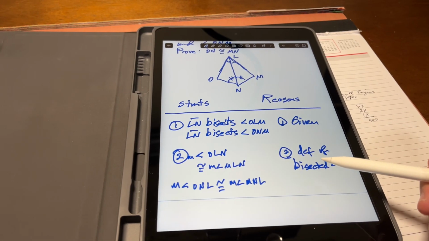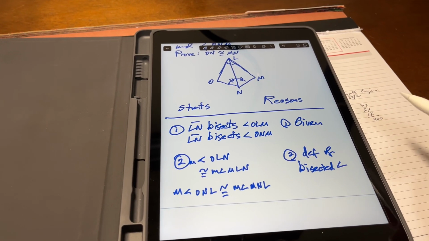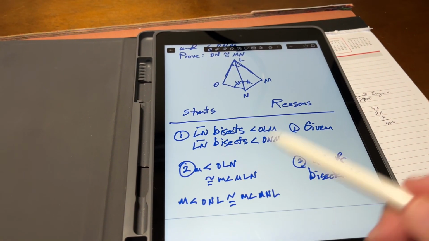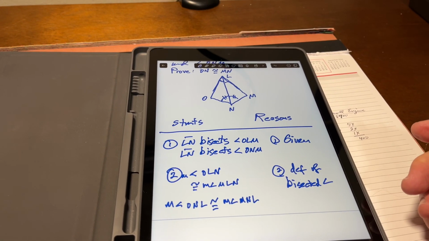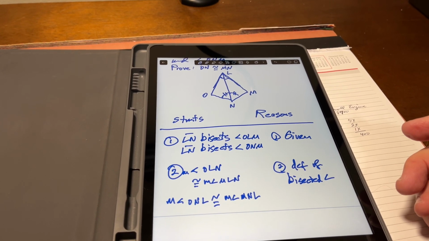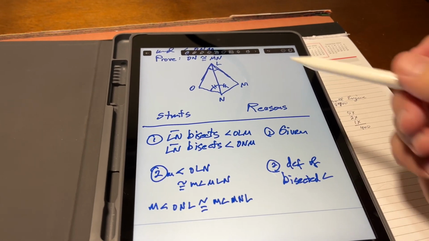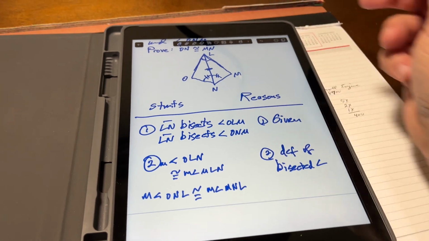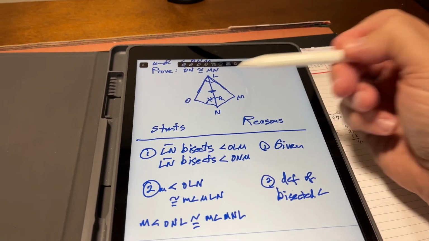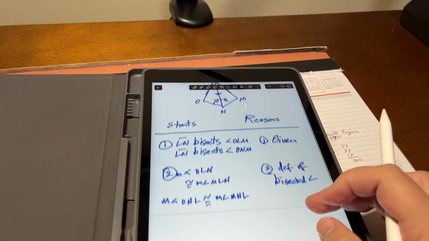And that's for the very same reason. So what I've written down here is what I have drawn up here, that those two angles are congruent. And now I'm noticing, and I'm thinking through the different theorems and things, that I have two angles. If I could just show that this is congruent to itself, I would have angle side angle. So that's really the way you should be thinking there.